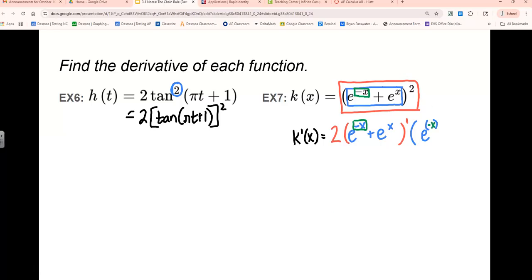And then I need to multiply by the derivative of negative x. What is that? Negative 1. Is it okay with you guys if I just put this negative out front for that? Now, I took the derivative of that first part, but I also have plus the derivative of e to the x. What is the derivative of e to the x? E to the x. Right there.